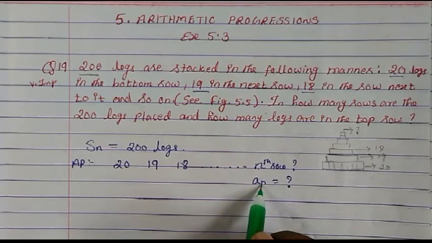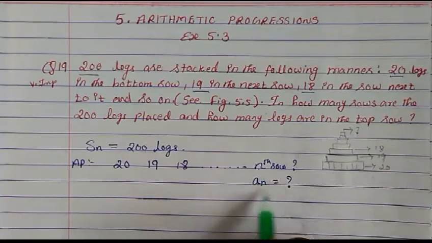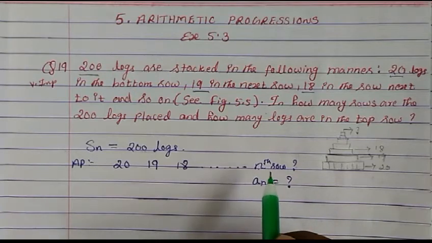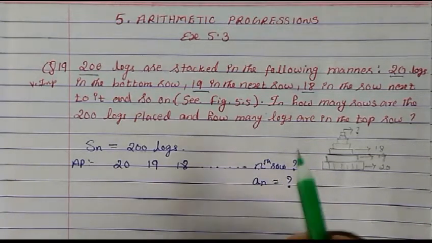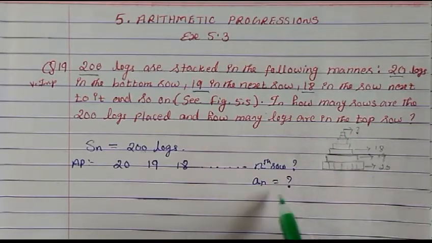So we have to find out n, because we don't know how many rows will come, and in the top row, the last row, how many logs will come, we have to find that out also.